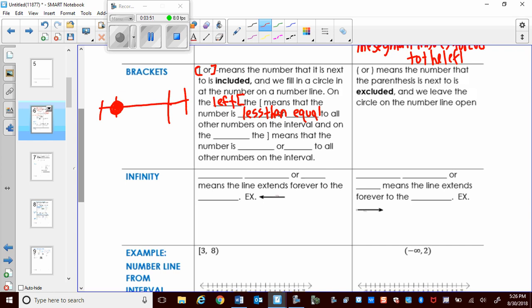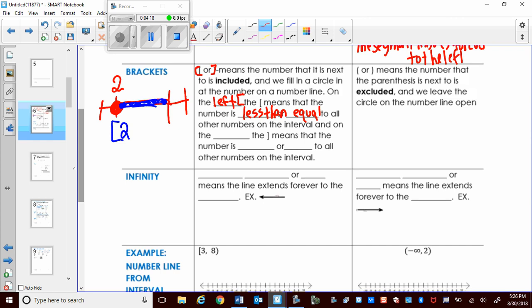So this number right here, we'll put a number there, we'll call it 2. When I notate that this number is included in this segment, let me make that blue, I'm going to say close bracket 2. 2 is included in the segment.